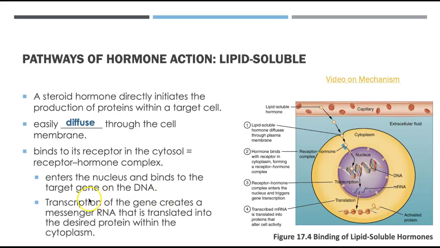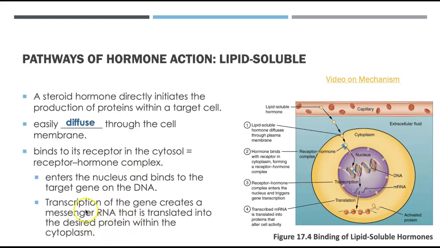So if you remember what transcription is, we essentially unwind DNA so we can read the nucleotides and create a messenger RNA. This serves as a temporary strand that we are going to read to create a protein.